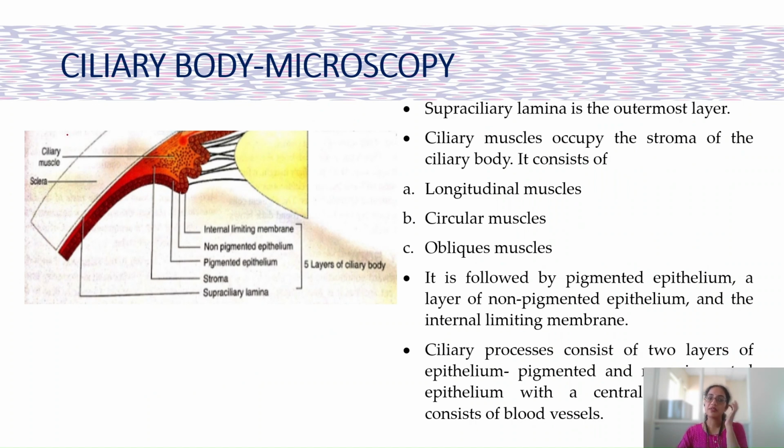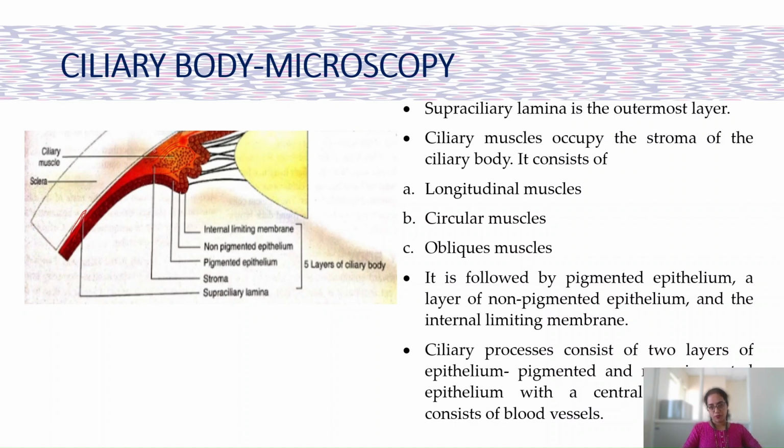Then if you take the microscopy, the outermost layer is called the supraciliary lamina, which is in close contact with the sclera. There is a potential space here, also known as the supraciliary space. Then next comes the stroma. Again, like iris, there are muscles in the stroma.